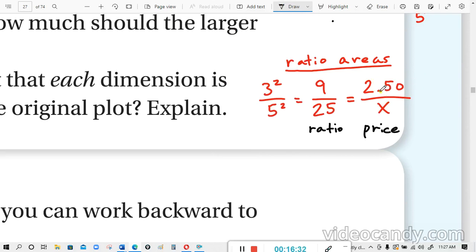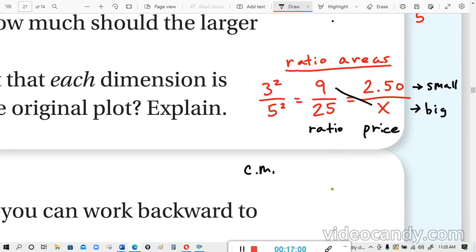Obviously, the price increases based on the area, so the ratio of the price should be the same as the ratio of the areas. And of course, the numerator is clearly the smaller one, and the denominator is the bigger one. That's what they asked, the price for the larger one. So once you get it set up, it's easy.